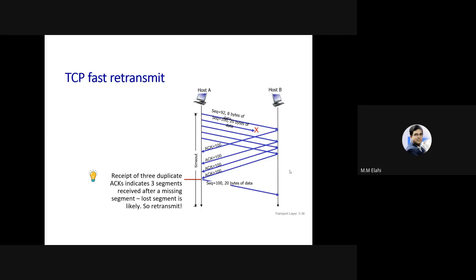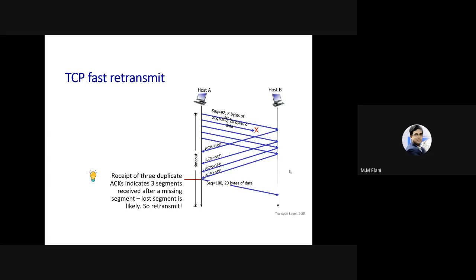So that's why from experiment they have found that if you retransmit exactly after the third duplicate, then it will be better.